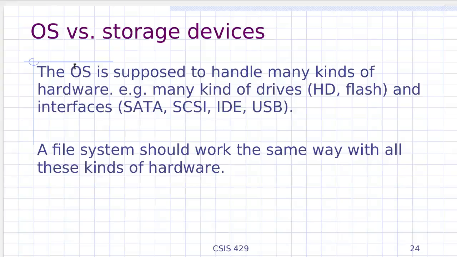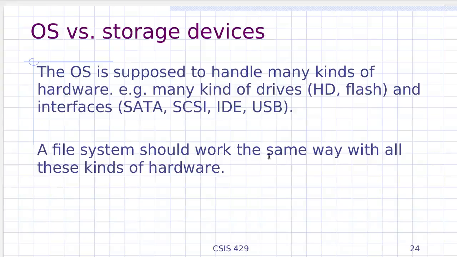And you have to handle all of these different devices sort of the same way. You have files, you have folders, things like that. And so that's how you pretend that all of these devices work the same way. You use a file system, and you say that this file system should work no matter what the actual hardware is.